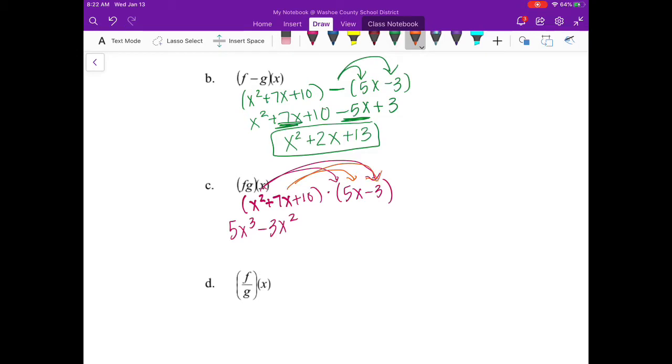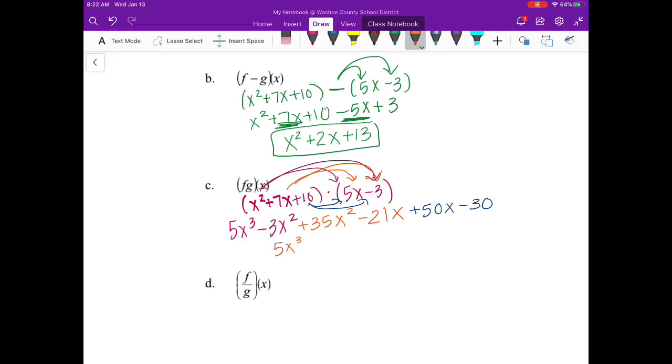And then do it again for the 7x. So 7x and 5x is positive 35x squared minus 21x. And then one more time with the 10, plus 50x minus 30. Okay, combine your like terms.